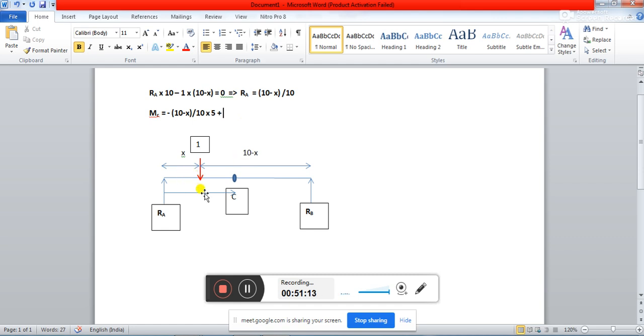What will happen? 1 into how much will it be? 1 into what will be this distance from here to here, if I take moment about C? Tell me. 5 minus x. Yes, correct. So 5 minus x, isn't it?